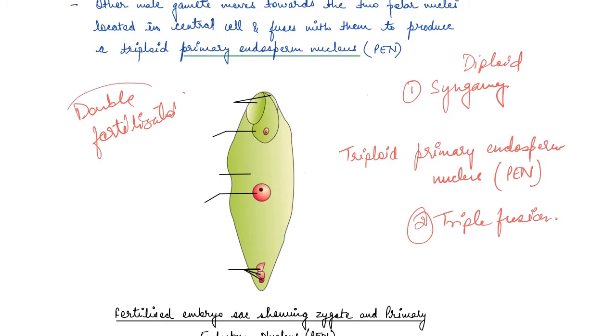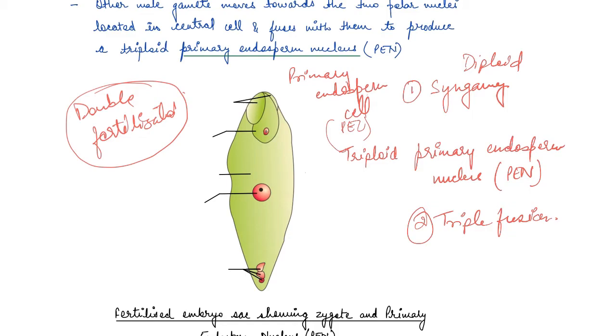Remember that double fertilization is a very unique event which happens in flowering plants. Now the central cell where triple fusion has occurred becomes the primary endosperm cell, PEC.